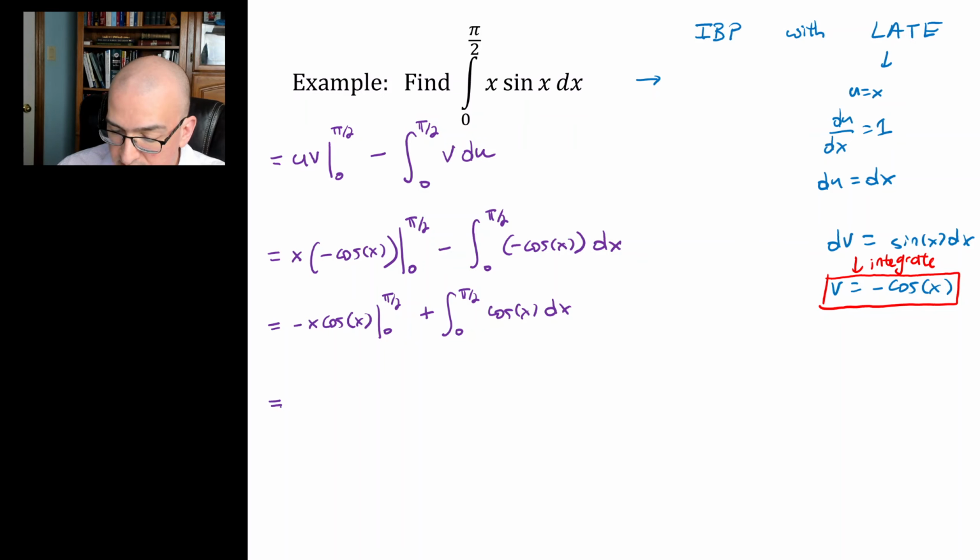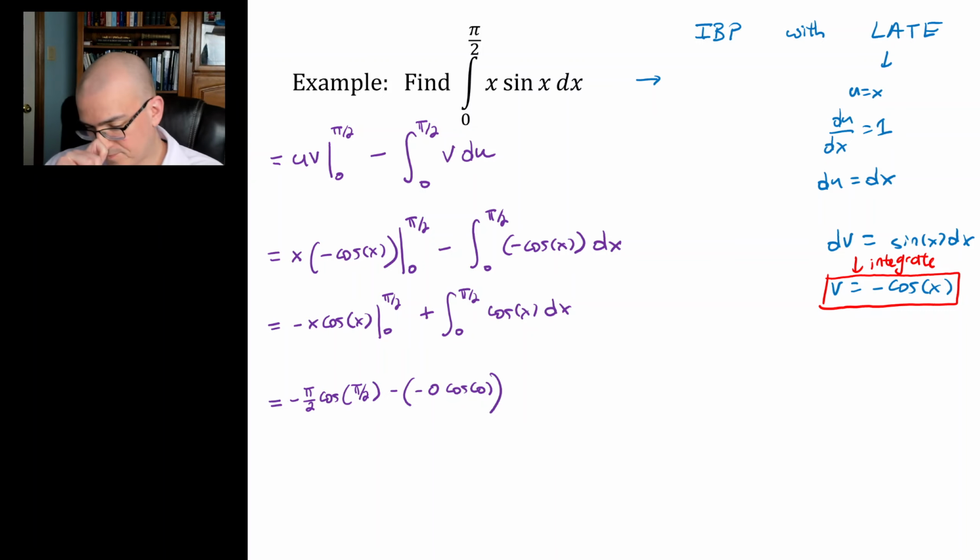Now let's do the evaluation of the first piece. For the top bound, we got negative pi over 2 times the cosine of pi over 2. And for the bottom bound, minus 0 times the cosine of 0. Now we have the integral to worry about.